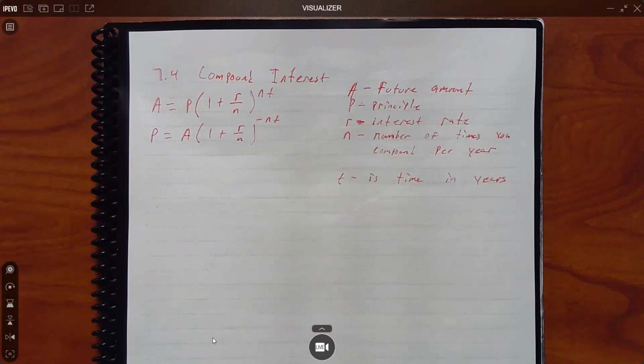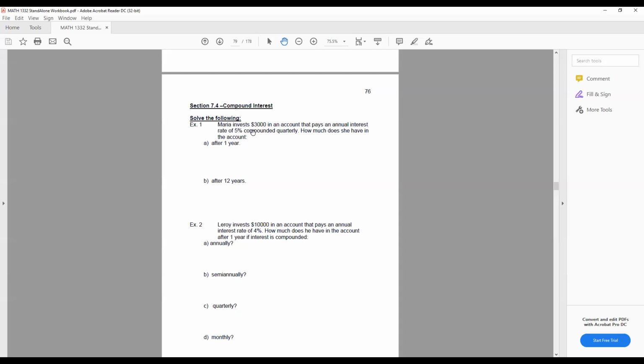Okay, so example 1, Maria invests $3,000. So that's my principal in an account that pays annual interest of 5%. So let's write down all this stuff here. Example 1, P is 3,000. R is equal to 5%.